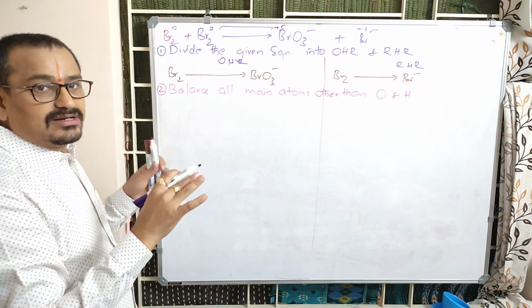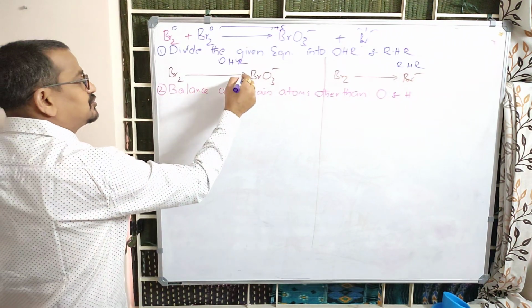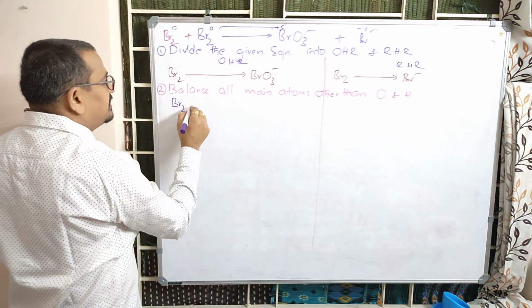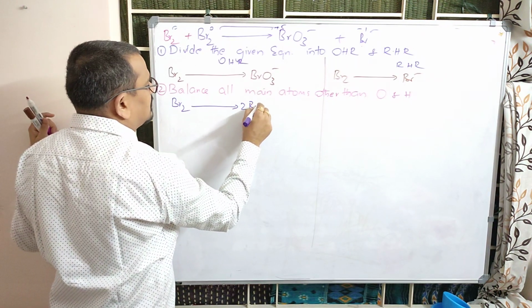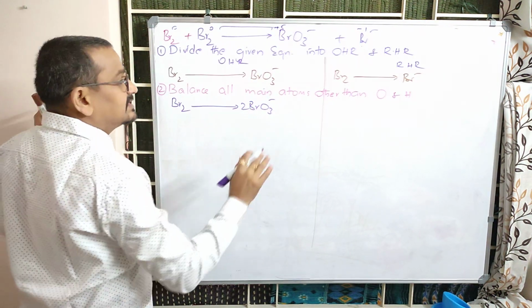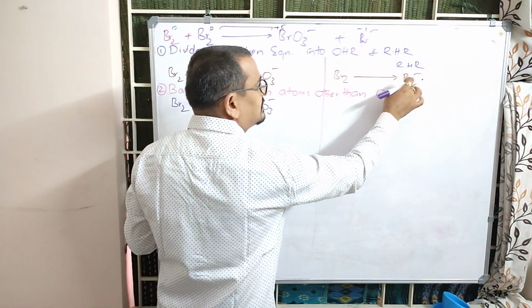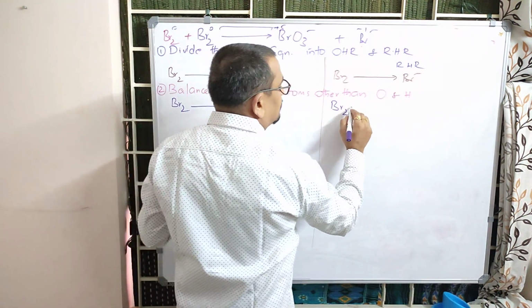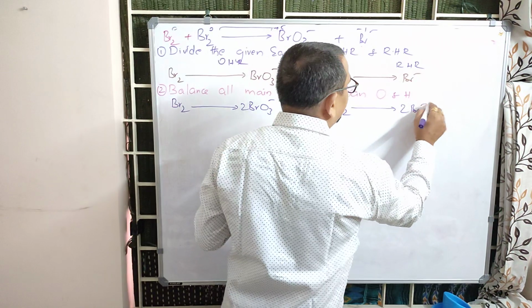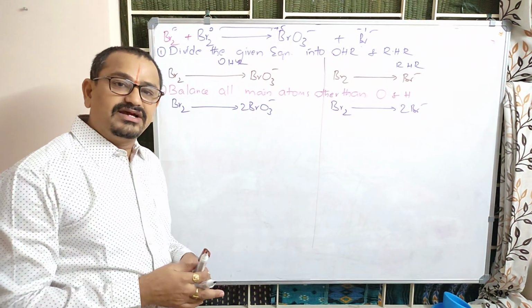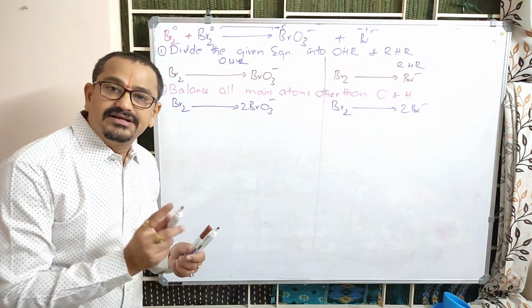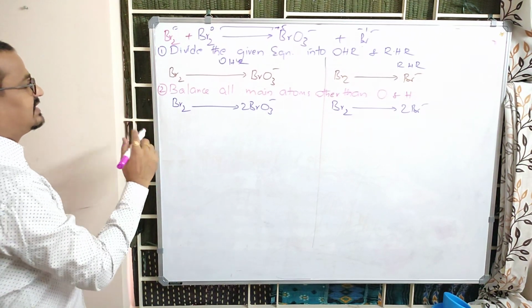We have to make them equal. So to make them equal, let us put 2 here. So Br2 giving rise to 2 moles of BrO3 minus. Same way here also, 2 bromines and 1 bromine. To make them equal, Br2 giving rise to 2 moles of Br minus. So we have equated main atoms other than oxygen and hydrogen.